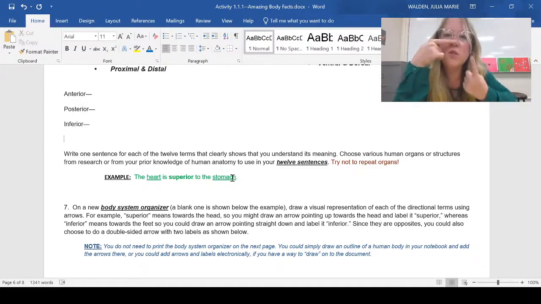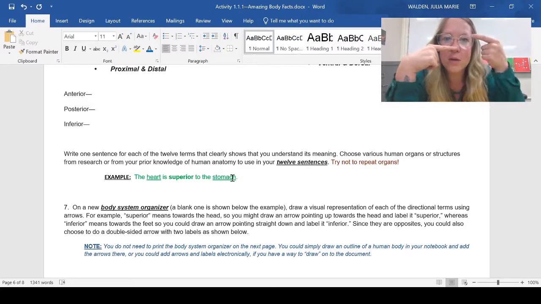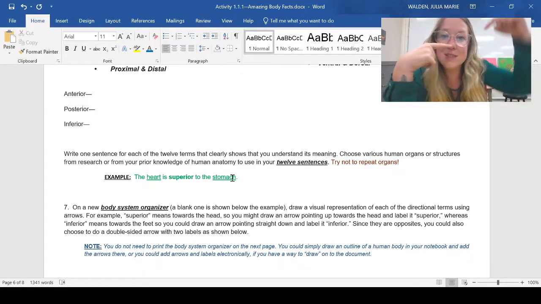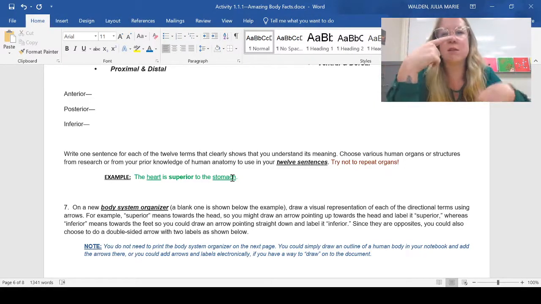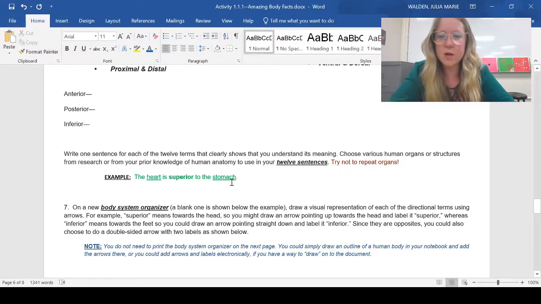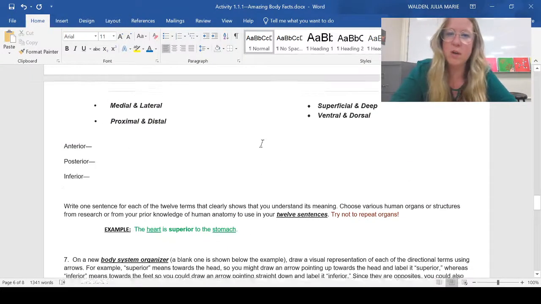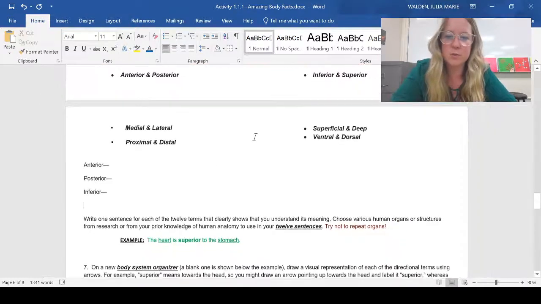My nose is superior to my lips. And that means it's above my lips, because my nose is actually not superior to my eyes. My nose is inferior to my eyes. So my nose is superior to my mouth. My nose is inferior to my eyes. So you're going to write a sentence for superior and anterior and posterior and all these 12 directional terms.